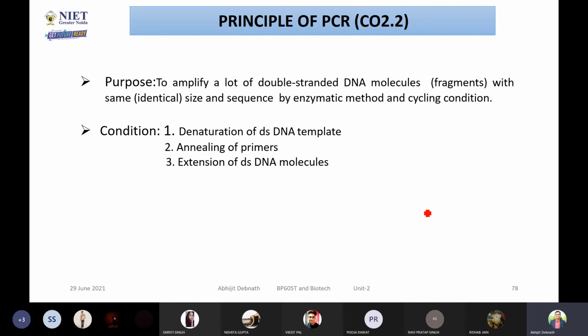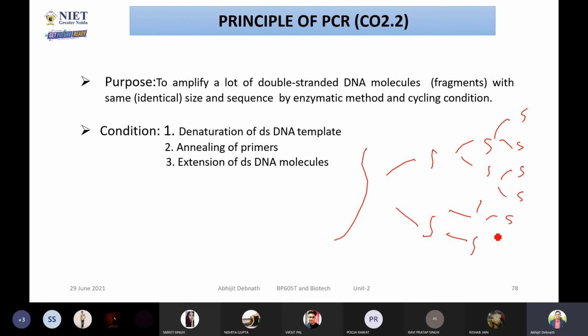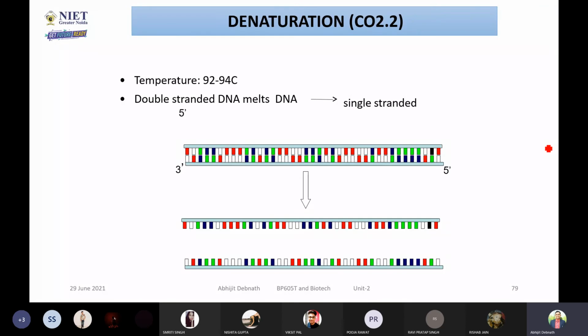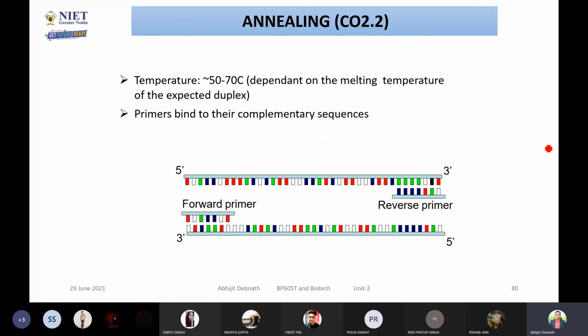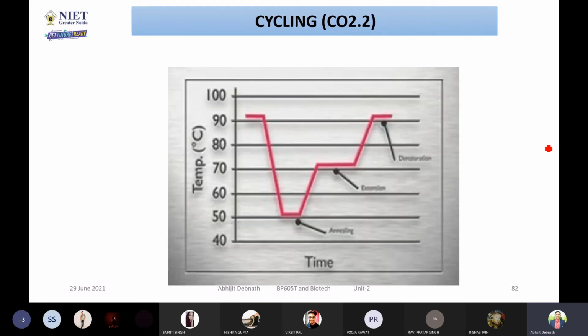Polymerase chain reaction is basically very simple. You have one DNA, you amplify it to 2, then 2 to 4, from 4 to 8, and like that it goes on and on. We have seen how denaturation happens in the video in our previous lectures, then annealing, extension, and then cycling.